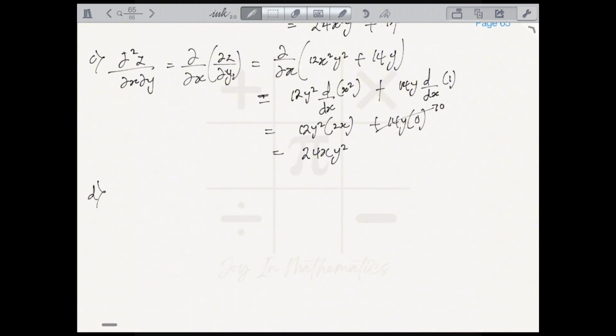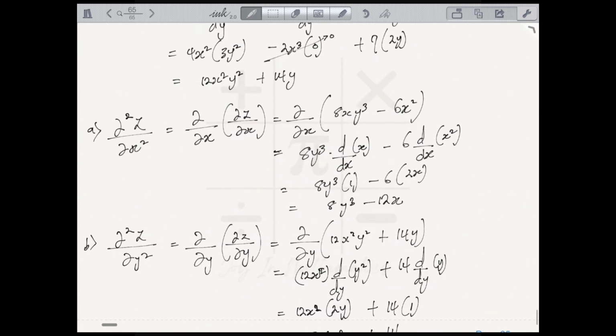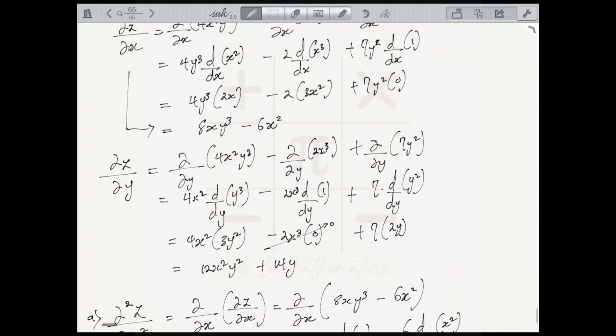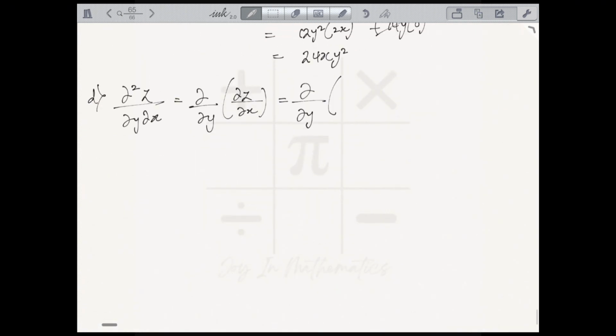And finally, let's do the same for ∂²z/∂y∂x. ∂²z/∂y∂x is ∂/∂y of ∂z/∂x. Now, we take our ∂/∂y and our ∂z/∂x as evaluated, which is 8xy cubed minus 6x squared.